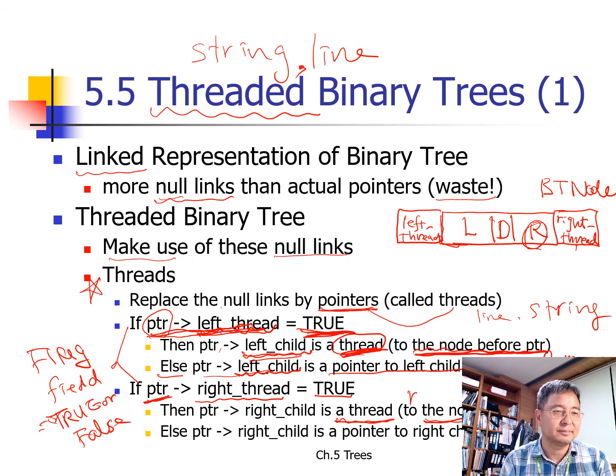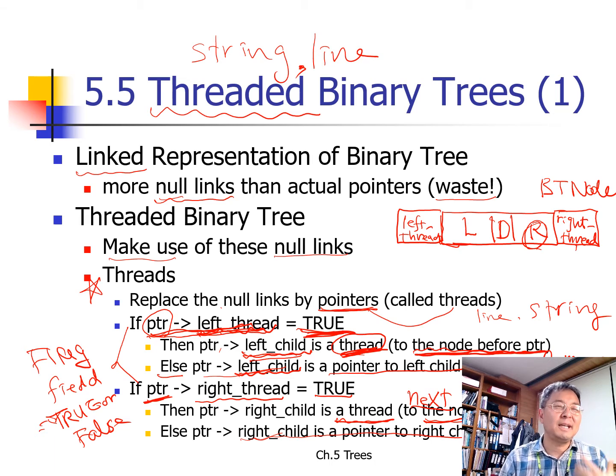This is the next node, and the before node, the previous node. Else, if it is not true, then right child points to the right child. This is the original meaning. So in this design, they will change the original meaning of right child and left child if we flag that left thread is true or right thread is true. Okay, that is a threaded binary tree.